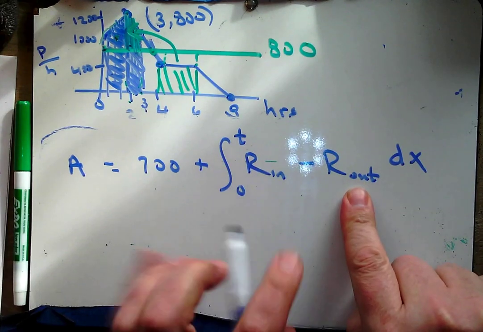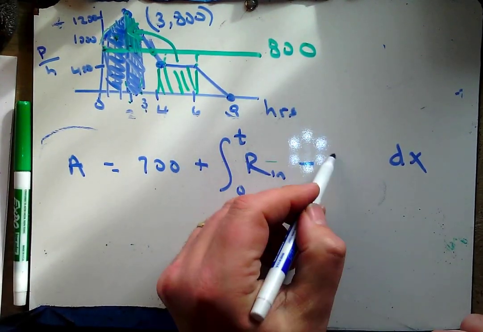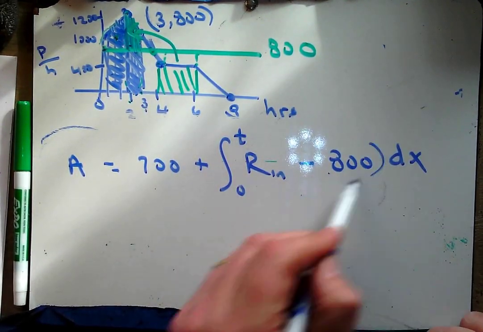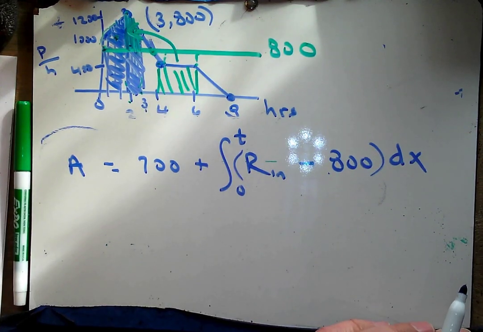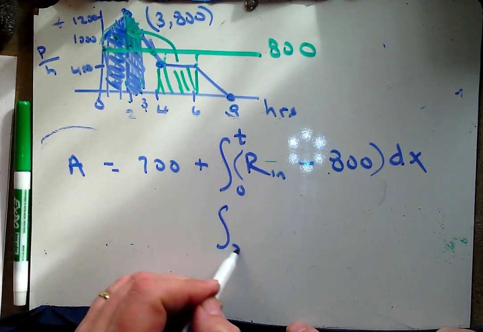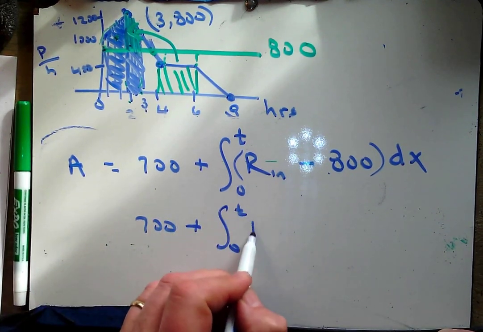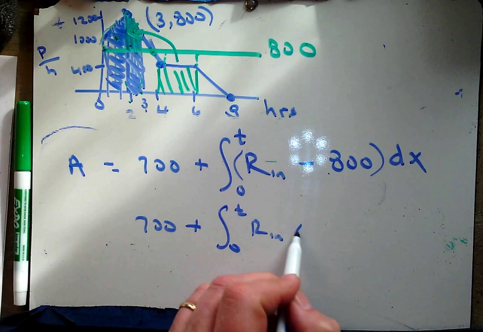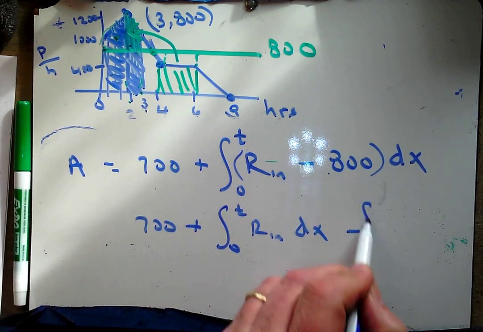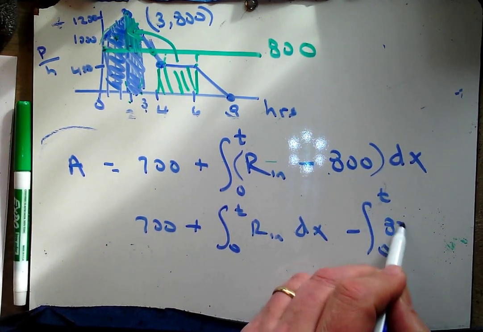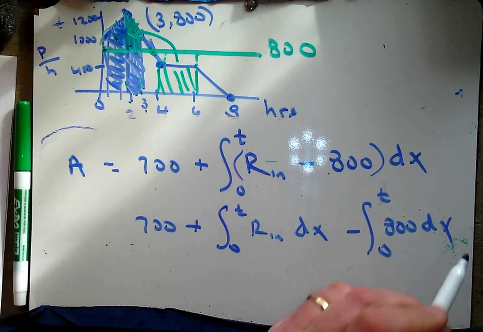And I know rate out is 800. In fact, I could even think about this as 700 plus the integral from 0 to t of rate in dx, minus the integral from 0 to t of 800 dx.